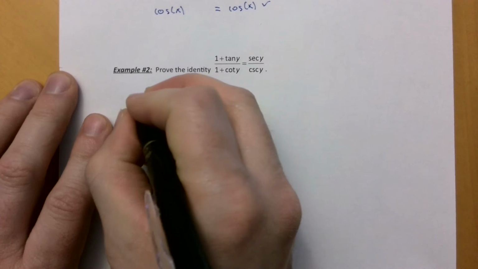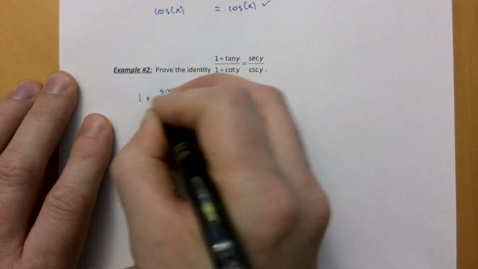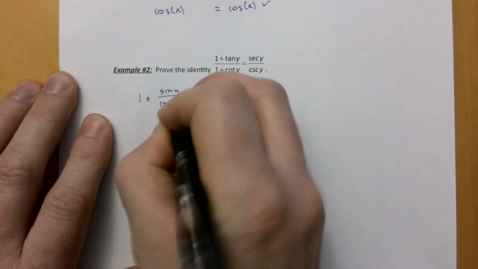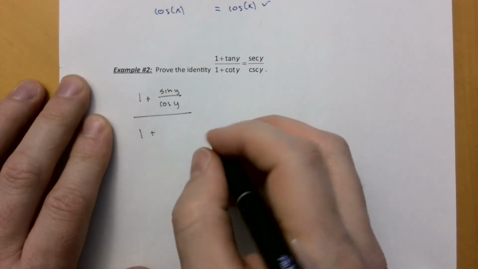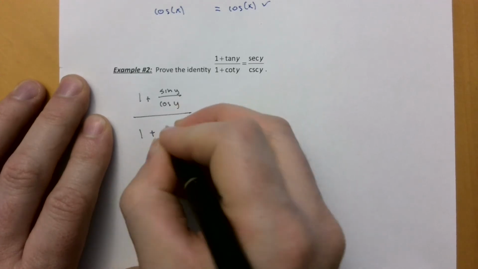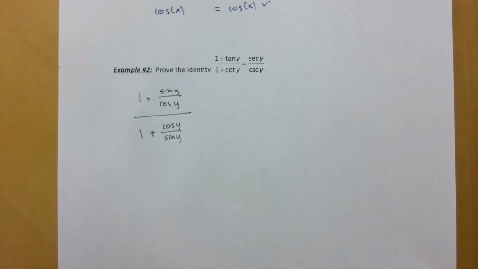One of the things that can be frustrating for students with these types of problems is that there's not one set way to solve these identities. So really, what you want to do is just play with them and see if you get anywhere. Start rewriting them in terms of different identities that you know, and see if it gets you anywhere.